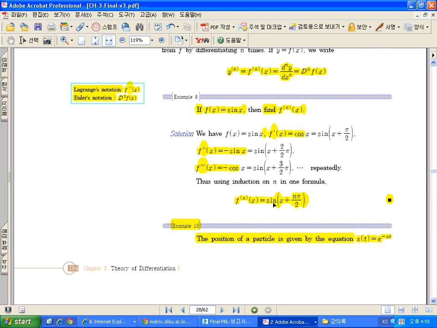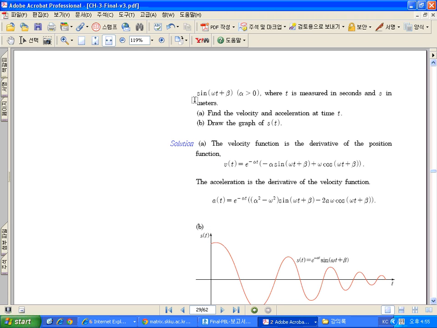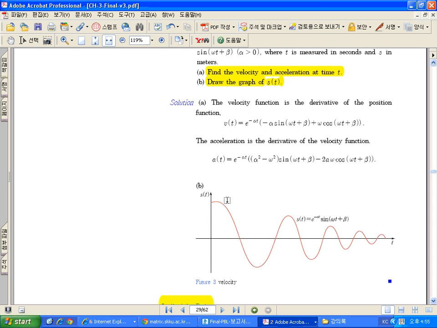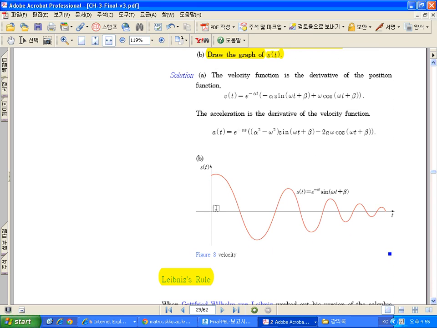Next, the position of a particle is given by the equation S of t equals e to the minus alpha t times sine of omega t plus beta. The question is to find the velocity and acceleration at time t and draw the graph. In this case, you had better use a tool to draw the graph.